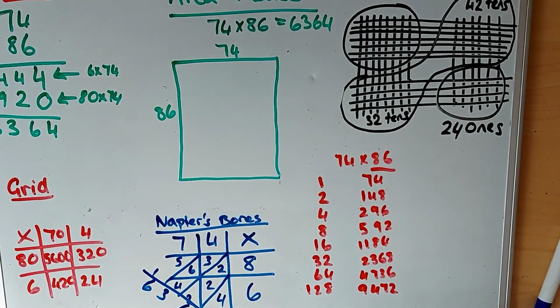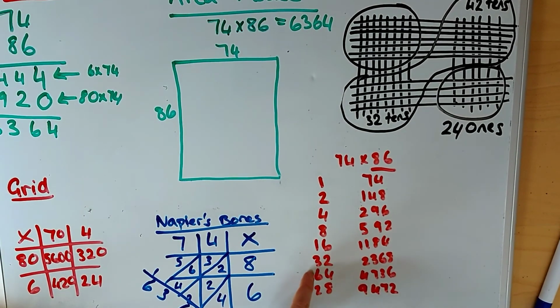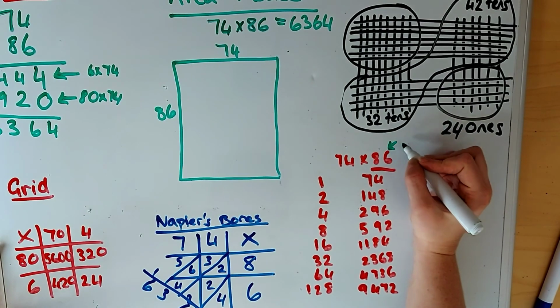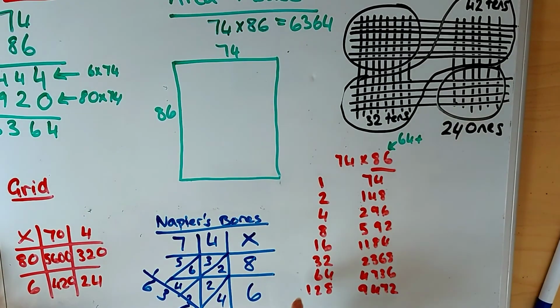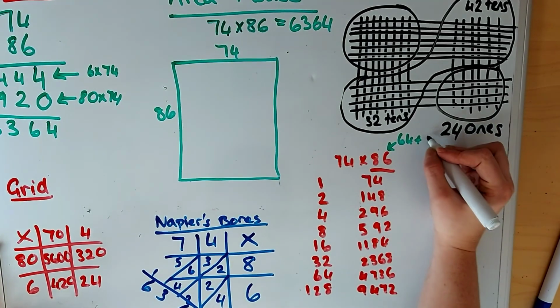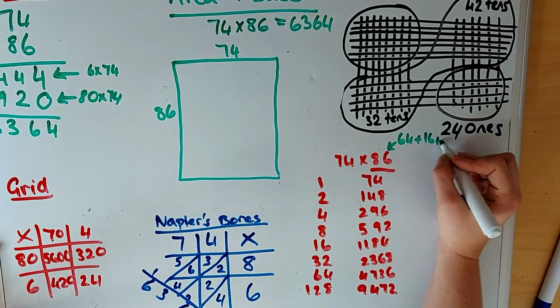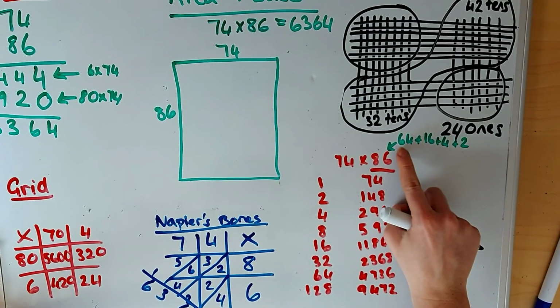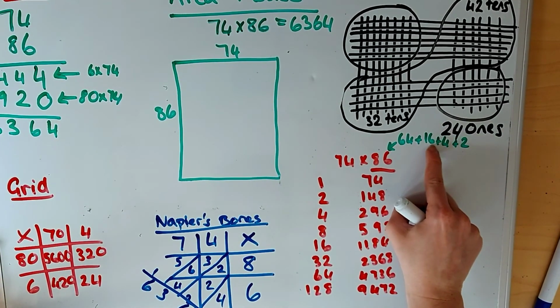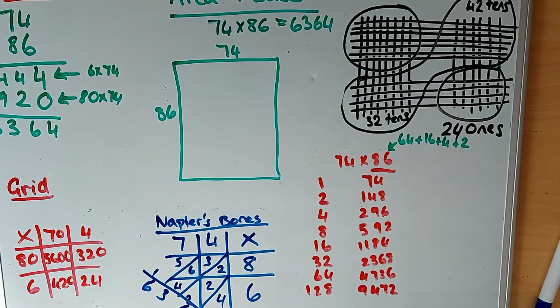Now I always start with the largest number I can, just so that there's not too many numbers. So I'm going to say 64 plus, and then let's do 16. So that would put me on 80, so I need 6 more, so plus 4 plus 2. So 64, 80, 84, 86.